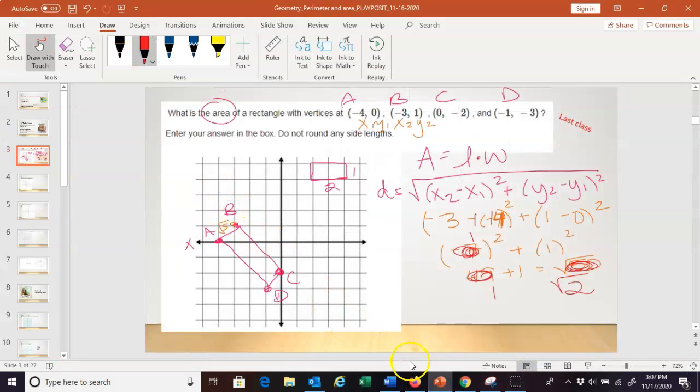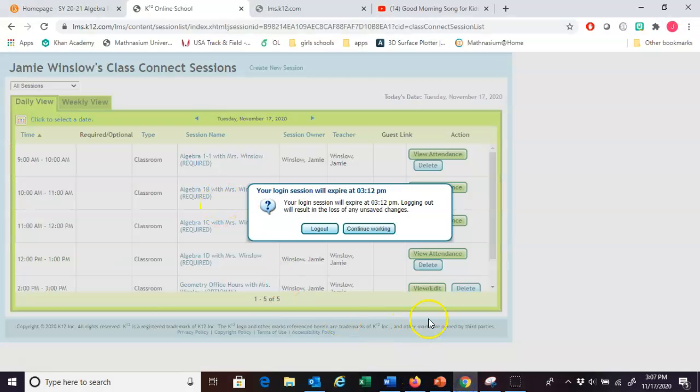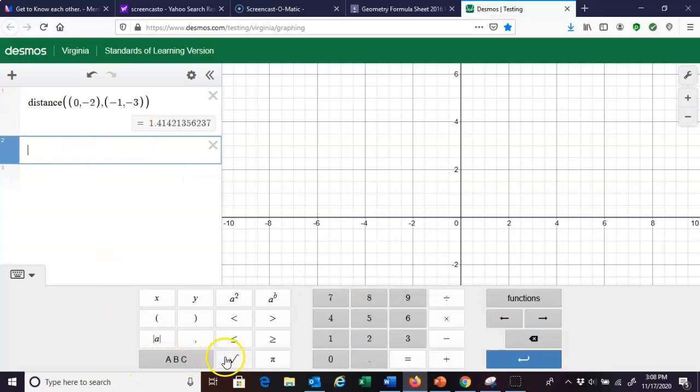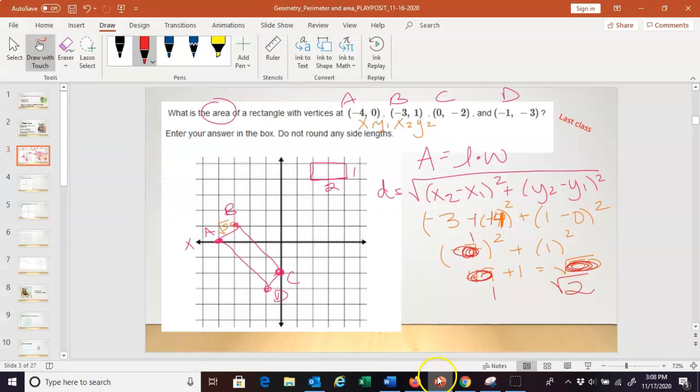Is that the same thing? It can't be the same thing. Whoops. It is. Okay, I grabbed the wrong points then. I just found the other end. So we confirmed this is also square root of 2.